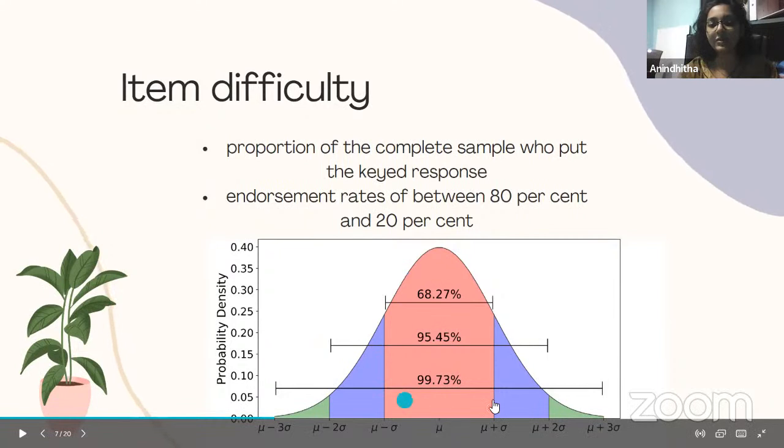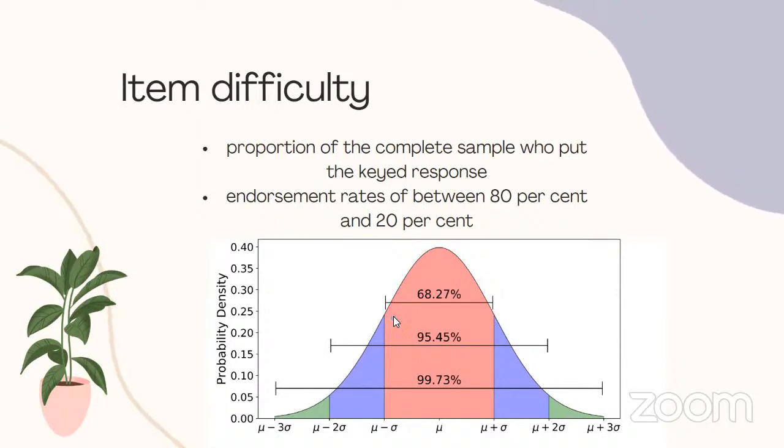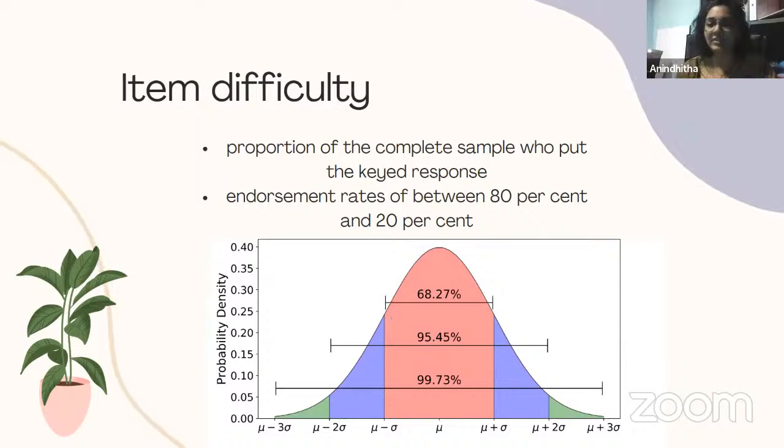Yeah. So, what we're talking about here is that the 68% is roughly how much we will have items covering, right? So, this is where we'll have most of the item difficulty coming into. So, we will have to have the endorsement rates within 70% of the entire population's responses.